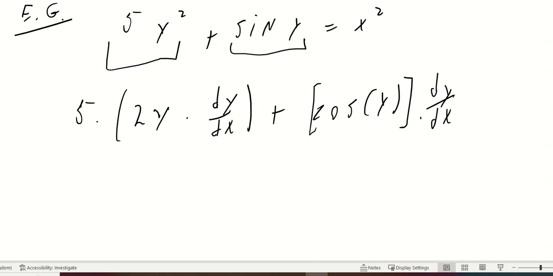Then we just differentiate the right-hand side. The derivative of x squared with respect to x is 2x. So now we just have a bit of multiplication and tidying up.